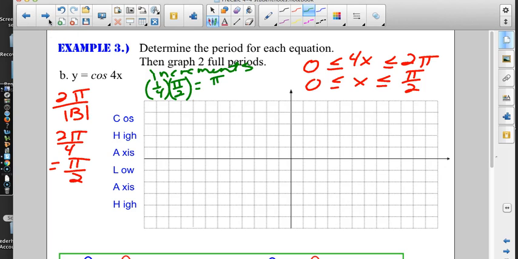Pi over 8. So if I have to use pi over 8 for each one, I think, okay, I'm starting at 0, and then I'm going to get pi over 8 because I add 1 pi over 8. But now I've got to add another pi over 8. So 1 pi over 8 plus another pi over 8 will be 2 pi over 8, which we would reduce to pi over 4.